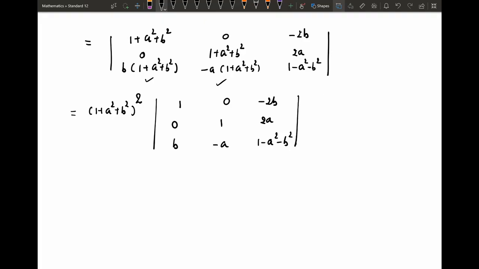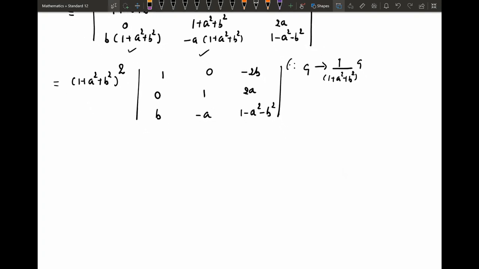Now symbolically we denote this. From first column we have taken 1 plus a square plus b square common. So C1 to 1 upon 1 plus a square plus b square into C1. Similarly C2 to 1 upon 1 plus a square plus b square C2.